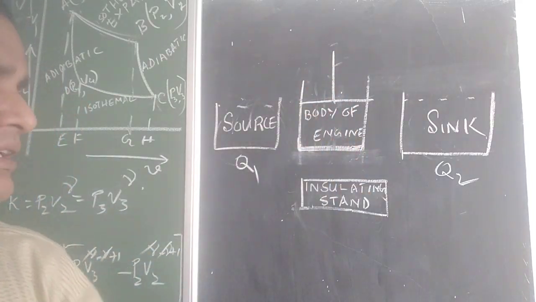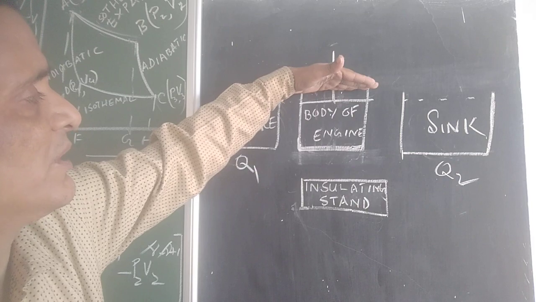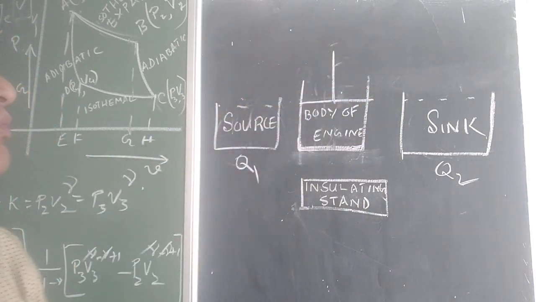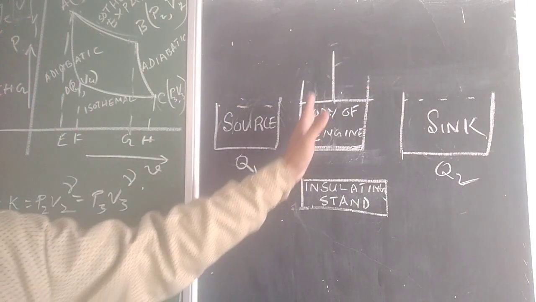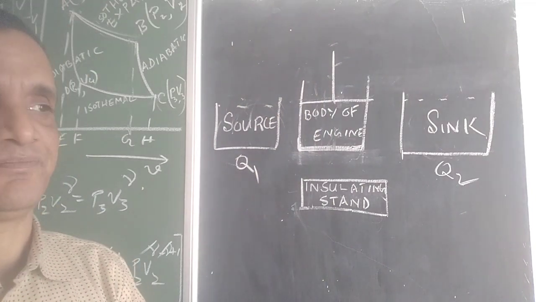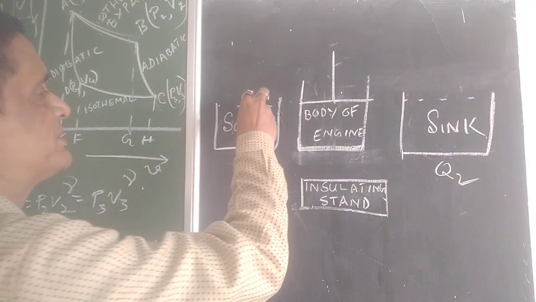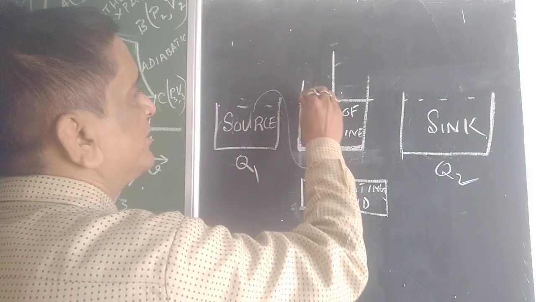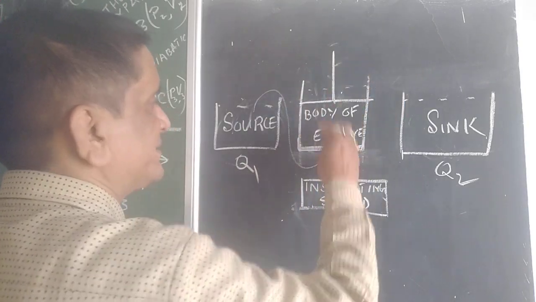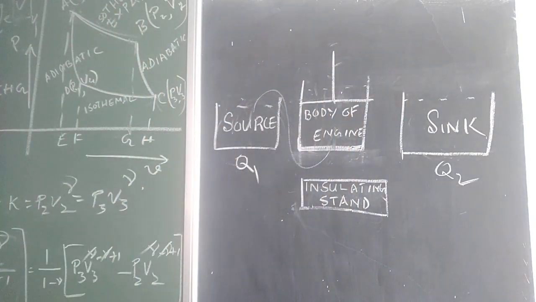The piston will expand, and due to the expansion we get some work done. As the temperature of the system remains constant, when volume increases, pressure decreases, so the process is isothermal expansion.